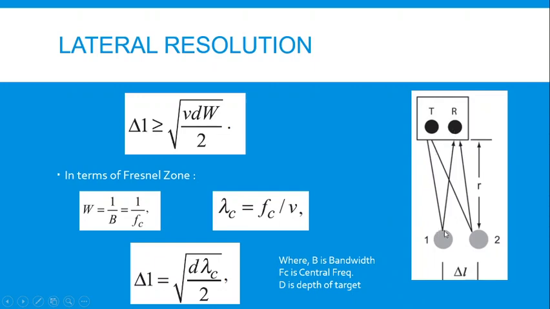There are two different targets, 1 and 2, both separated from their centers by the separation delta L, and this delta L is defined as the lateral resolution, which is greater than or equal to the square root of the velocity times depth times half of the wavelength divided by 4.